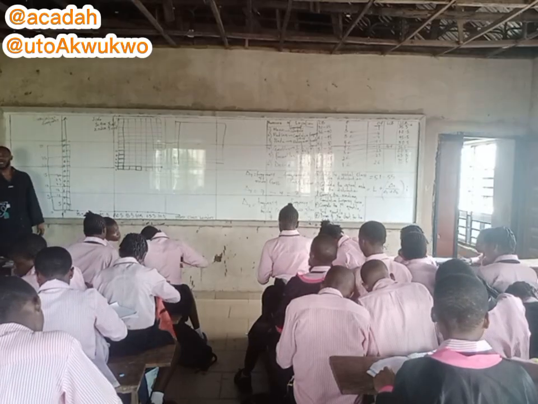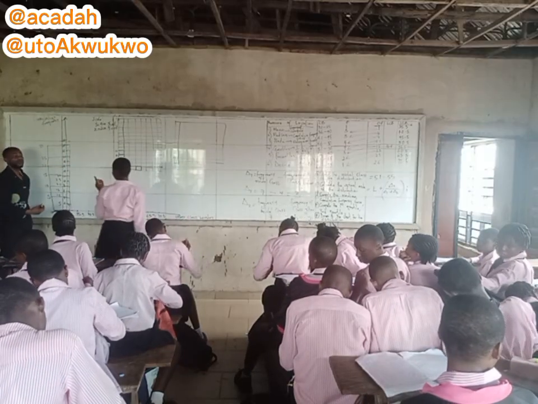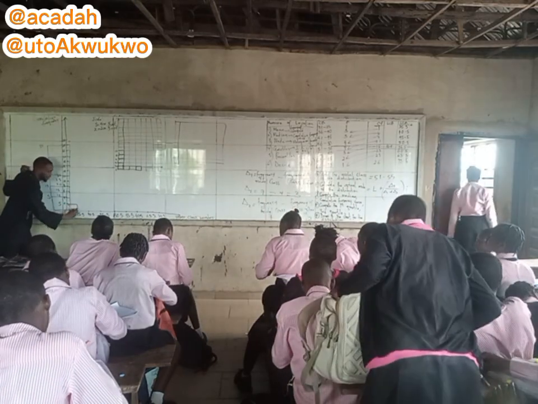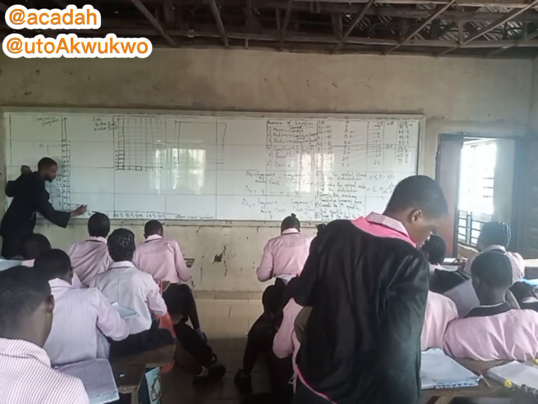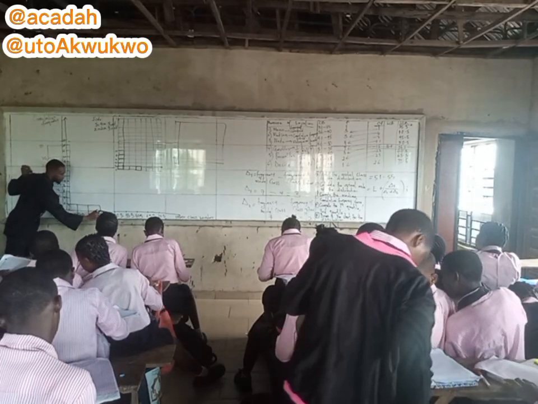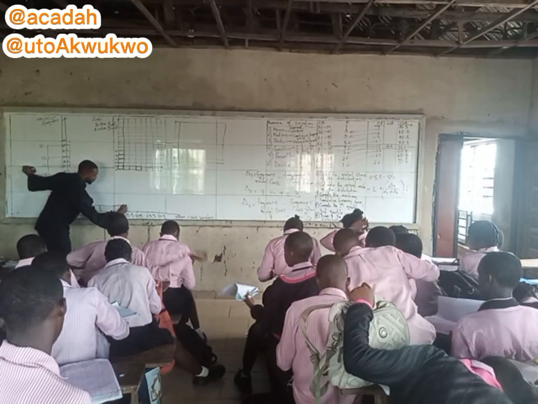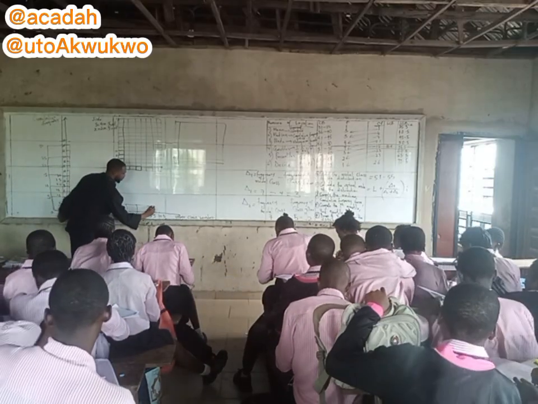So please, let's check something. For the horizontal, if this is box 1, and this is box 2, box 3, box 4, box 5, box 6, box 7, box 8.